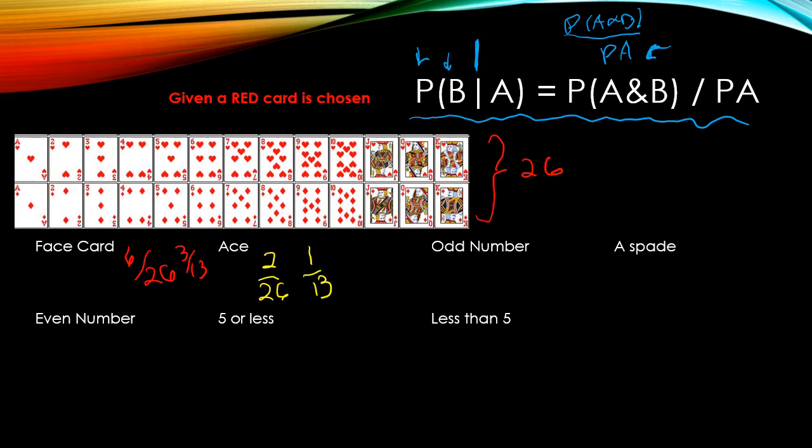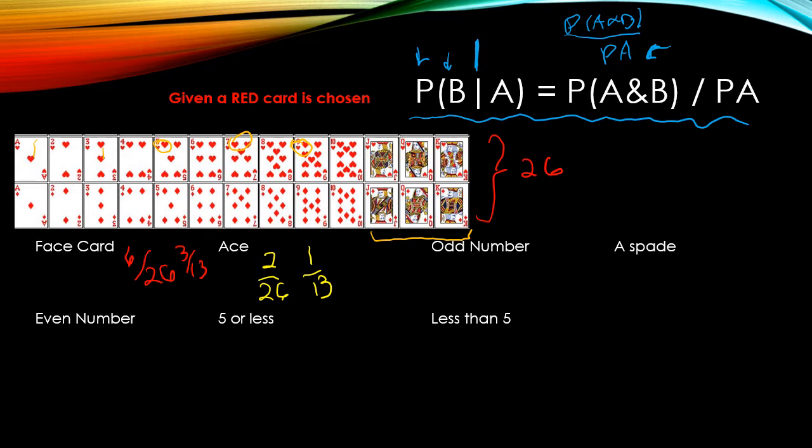Now, what's the probability of getting an odd number card? And for this, it's important to know if jacks, kings, queens are counted as numbers, and in this example, they're not. So we have ace as 1, and 3, 5, 7, and 9 are odd cards that are available to us, and we have that in the hearts and in the diamonds.